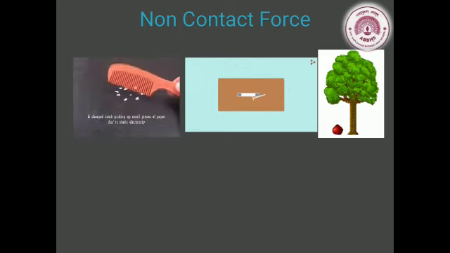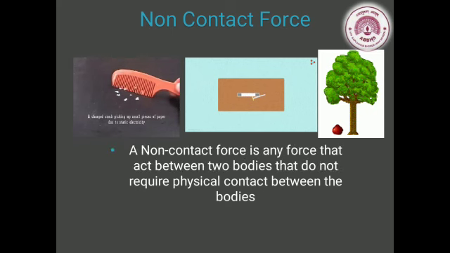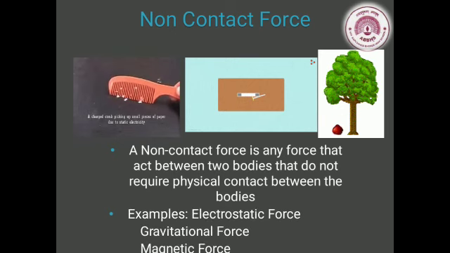So let's define non-contact force. A non-contact force is any force that acts between two bodies that do not require physical contact between the bodies. Examples: electrostatic force, gravitational force, magnetic force.